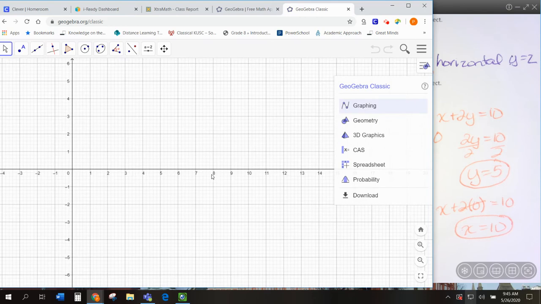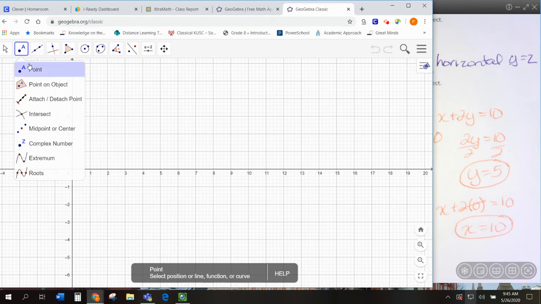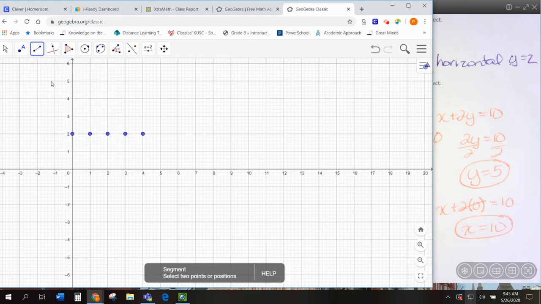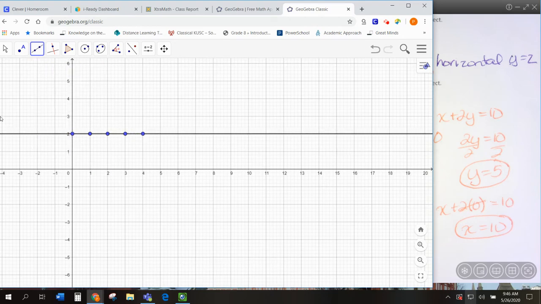So first one is y equals 2. So I'm going to have y of 2, and remember, y is always going to be 2, right? So then I can draw the line. And this is y equals 2.